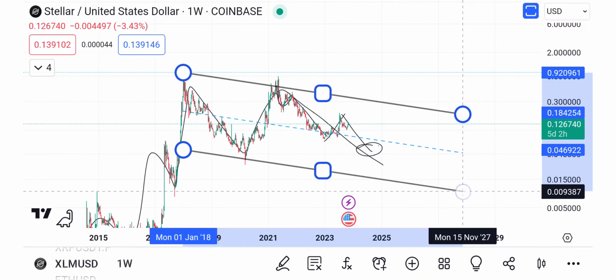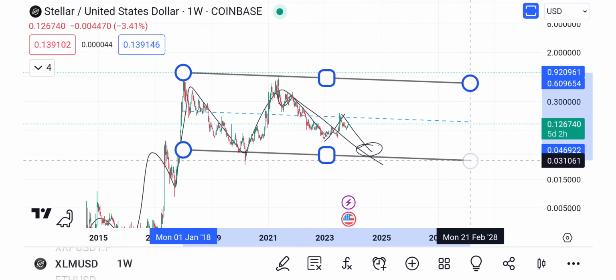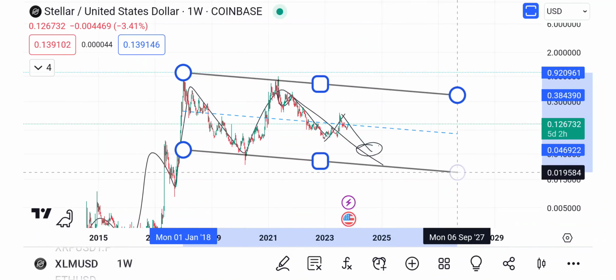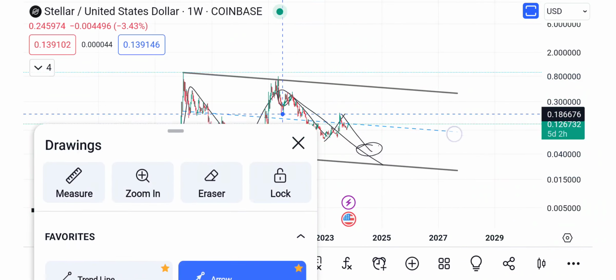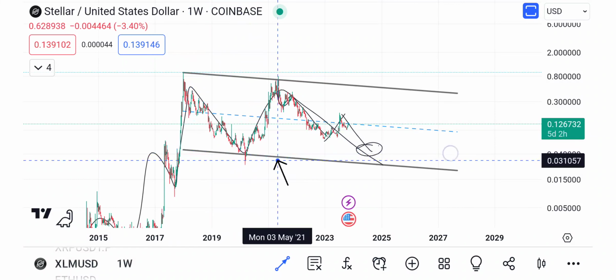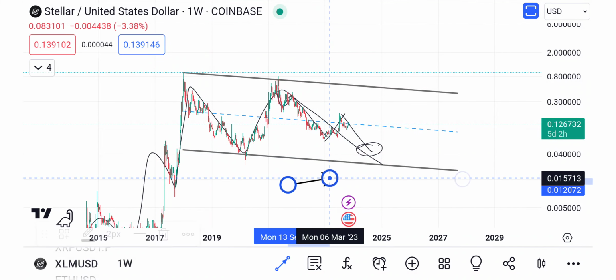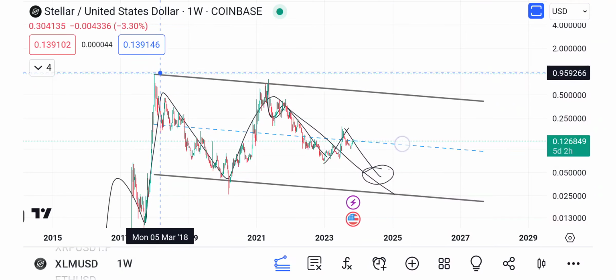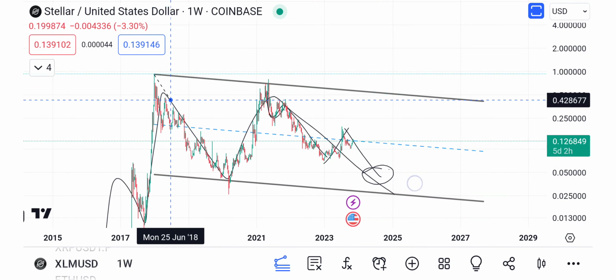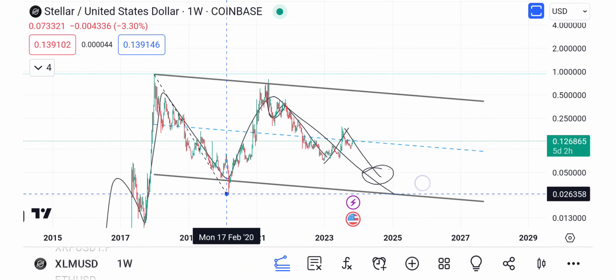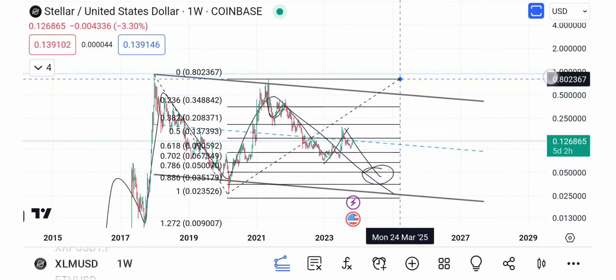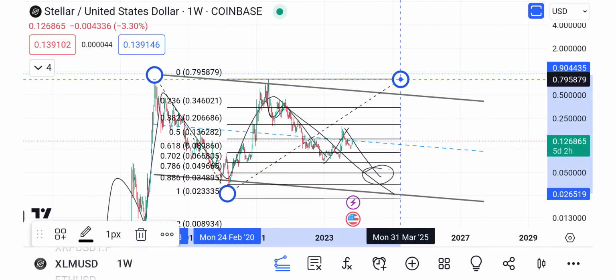It's hard to see, it's subjective on where you put the channel. The problem with this is there's not a lot of touch points on the bottom, right? So in which case you would use Fibonacci. So let's see if we can get a target here. I'm going to take it from the top down to the C19 low, and then all the way back up to the retracement area.